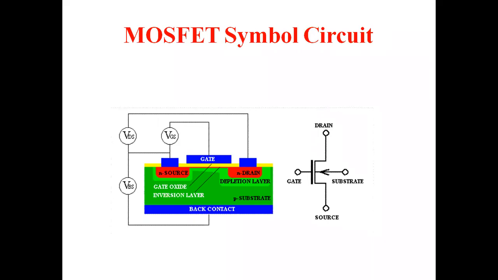So here the symbol of the MOSFET has four terminals: drain, gate, source, and substrate, as you can see, the body. Okay, so that is one of the hidden terminals, or this is not always shown in the symbol, right? But always consider the three terminals, that is the drain, gate, and source.